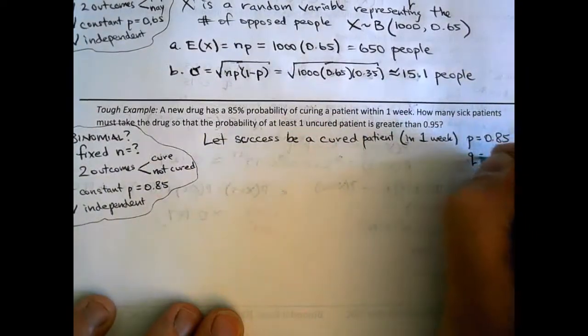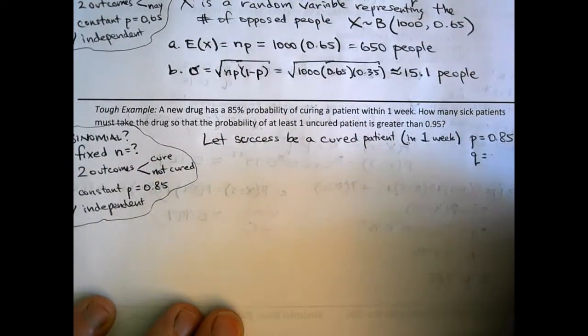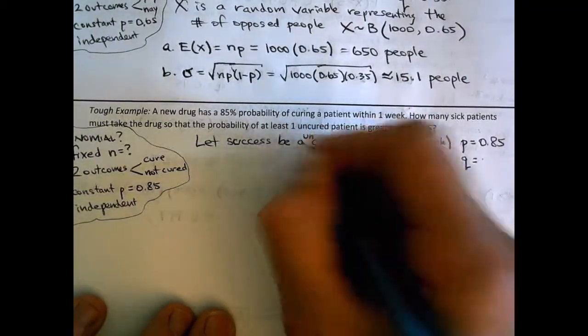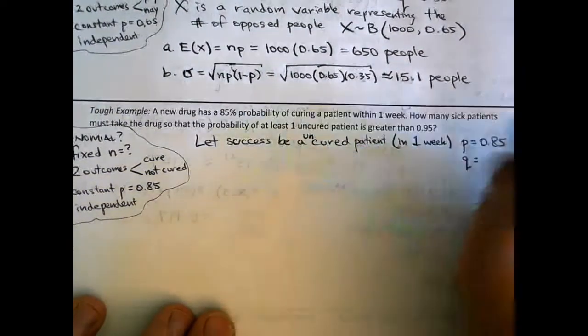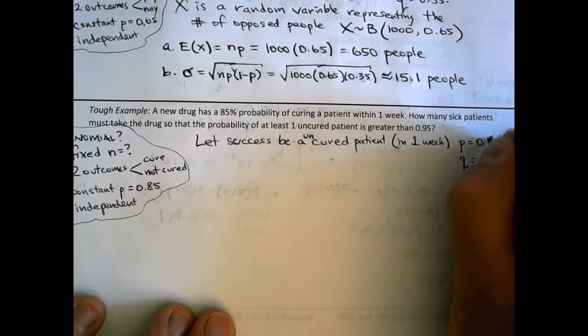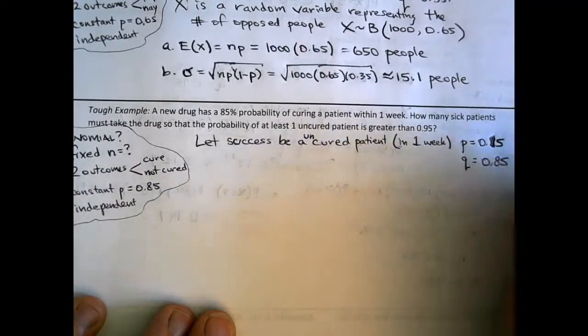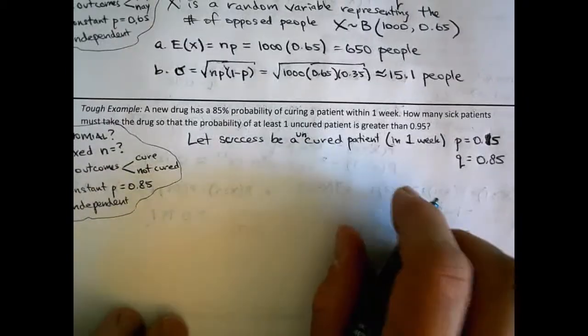The probability of failure then is, oh shoot, sorry, I did this wrong. Let success be the uncured patient, so someone who didn't get better. So we know that the probability of not being better is 15%. The probability of getting better then is 0.85.